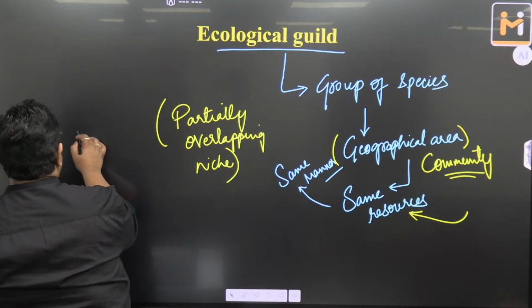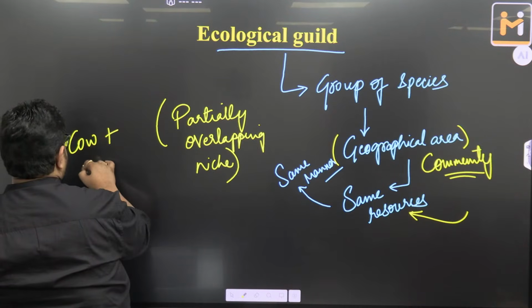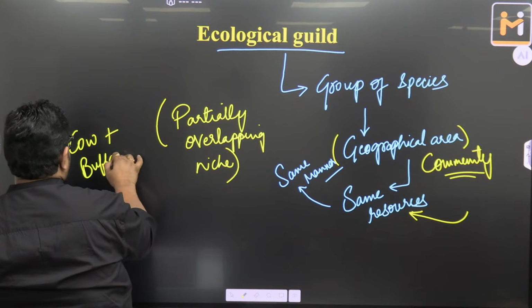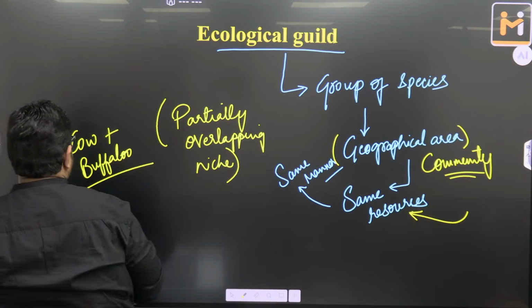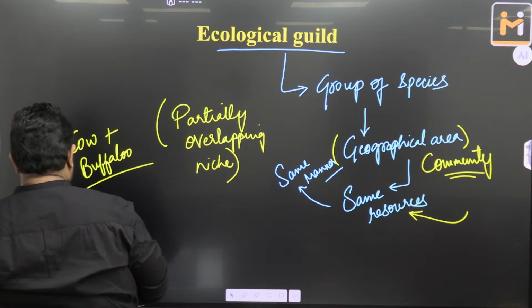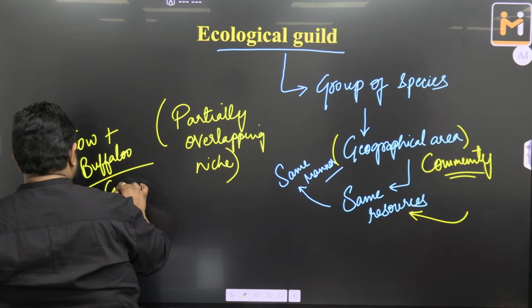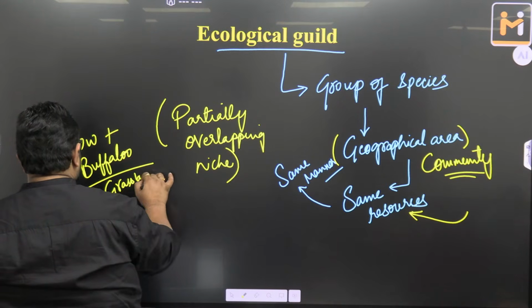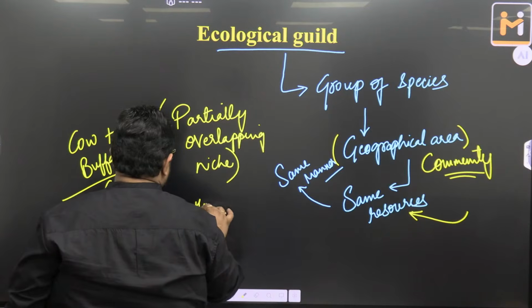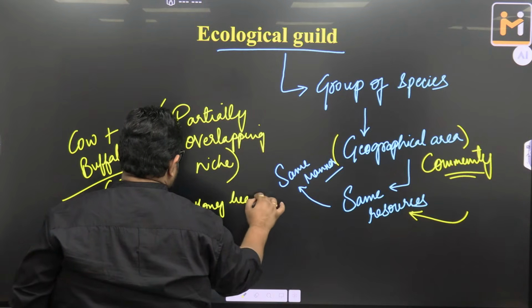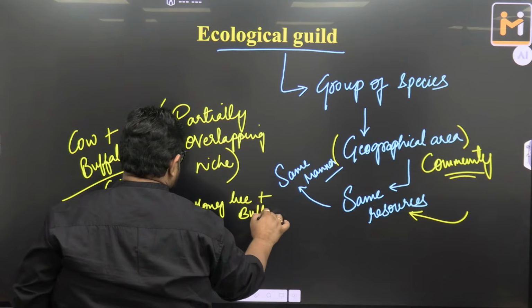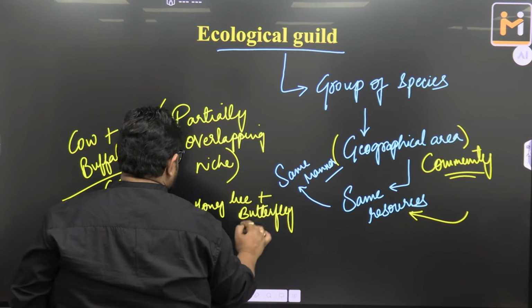Example, cow and buffalo in a grassland. Honeybee and butterfly on a flower.